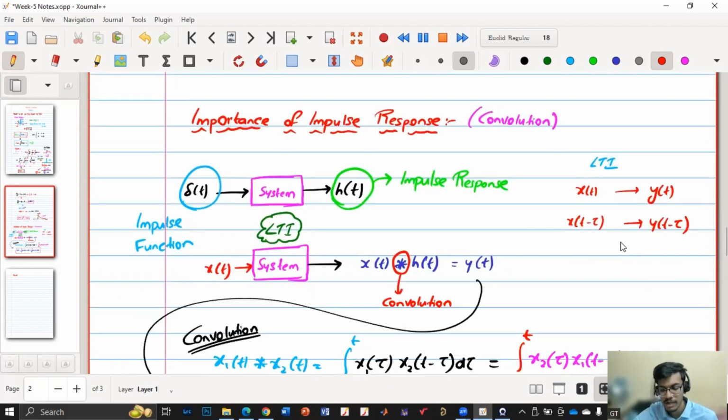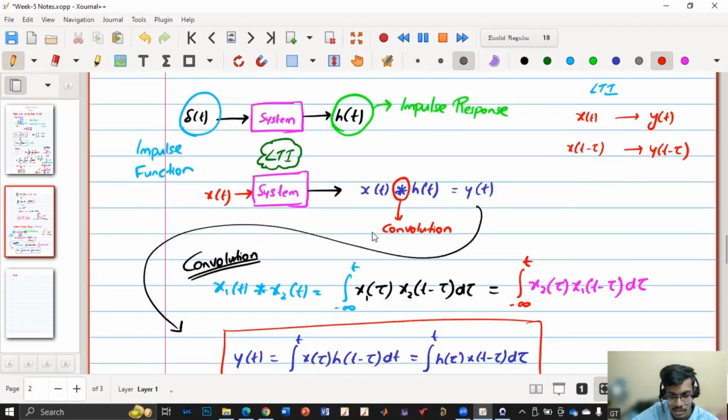If I delay the x of t by some time, then output is also delayed by that time. Now if this is not valid, which is the case of time variant systems, then the way this theorem is developed, it will not meet the requirement that is needed for the derivation of the convolution theorem. So that's why it is not valid for them.